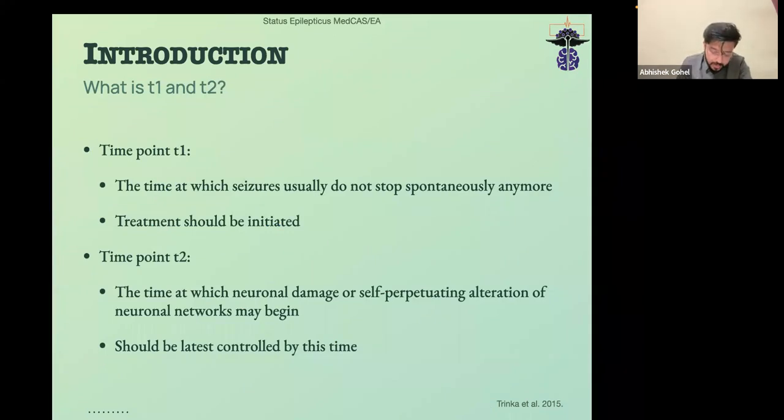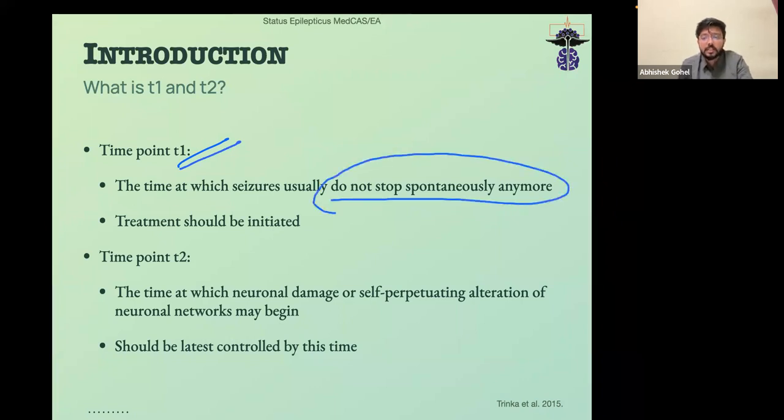So let us look at it another way. What is time T1? It is the time beyond which the seizures do not stop spontaneously. It means it is likely that they are not going to stop on their own. So by this time, treatment has to be initiated. And what is time T2?